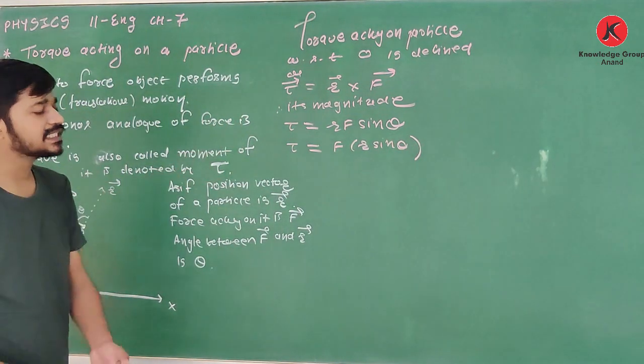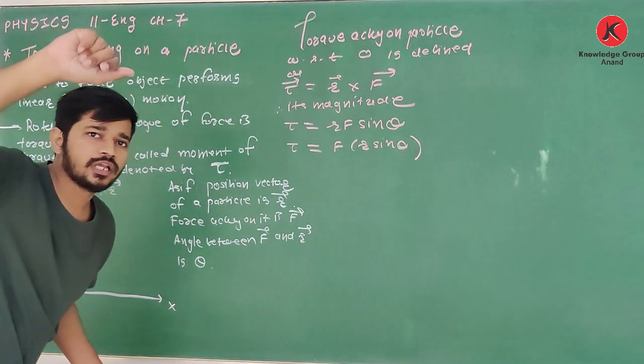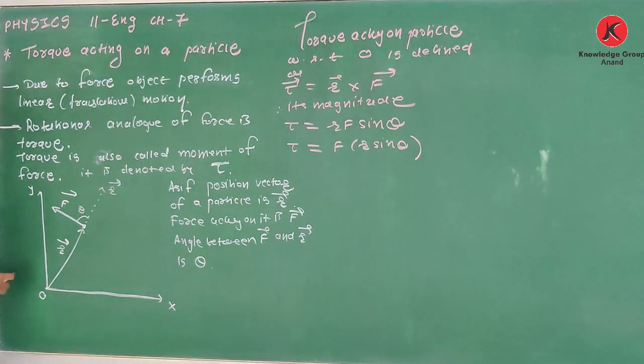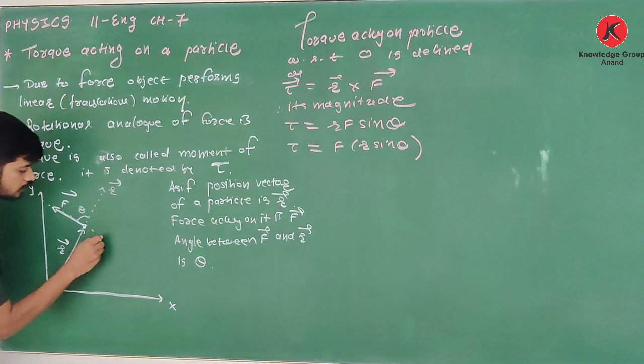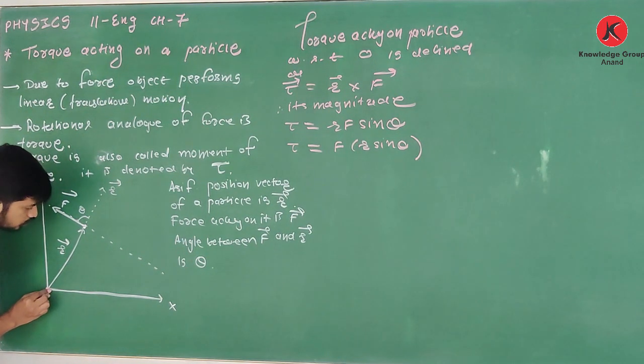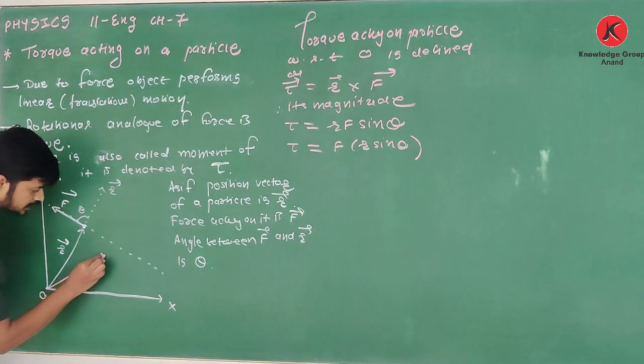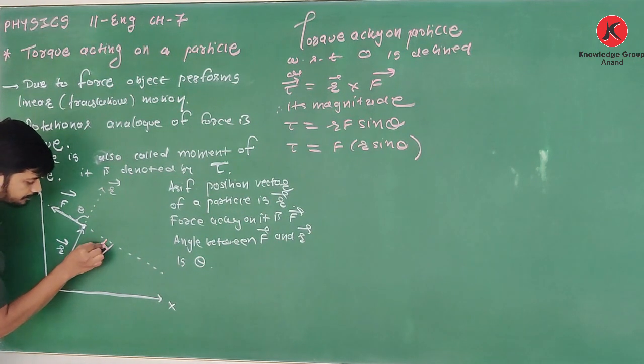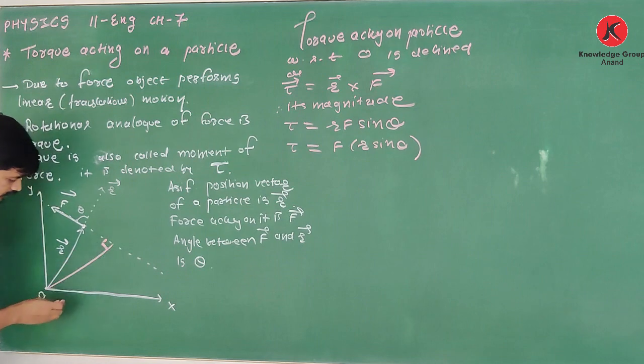Now what about r sine theta? If I draw the line of action of this force, now draw the perpendicular distance from the origin on this force. It makes angle 90 degrees. So this ON is the perpendicular distance.